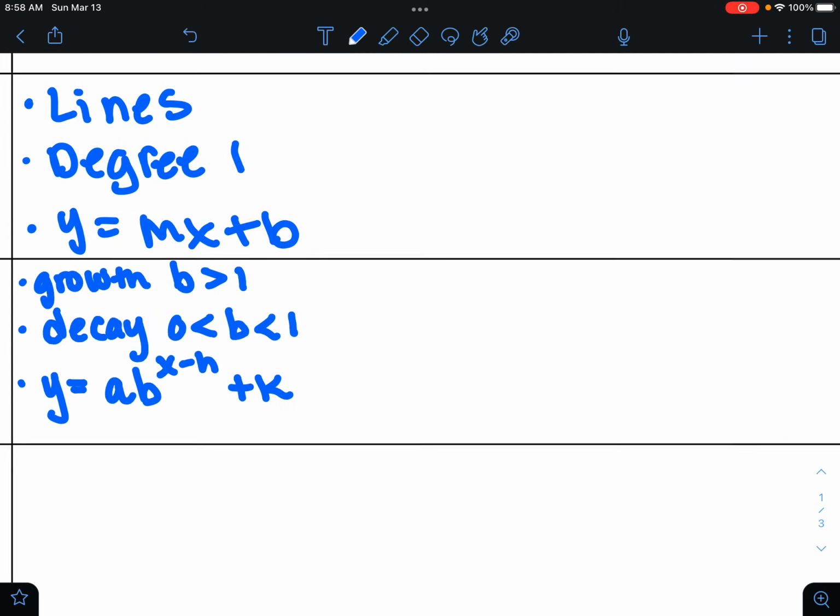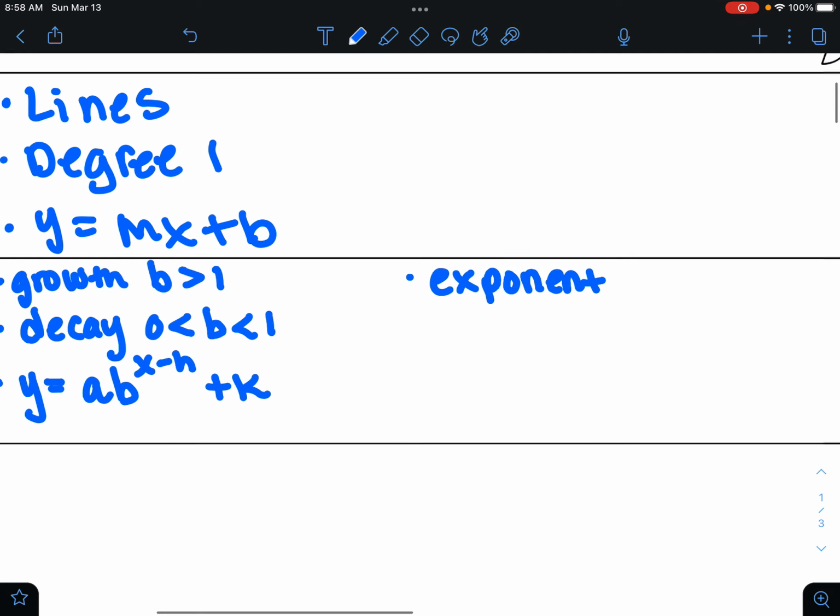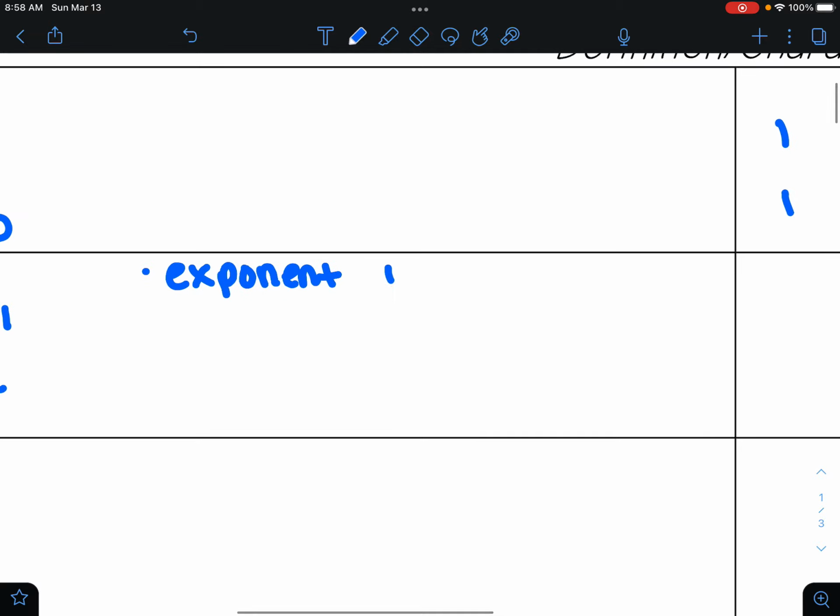Remember, a, h, and k are your transformations. With exponential growth functions, or exponential functions in general, your exponent is a variable. And exponential functions have an asymptote.